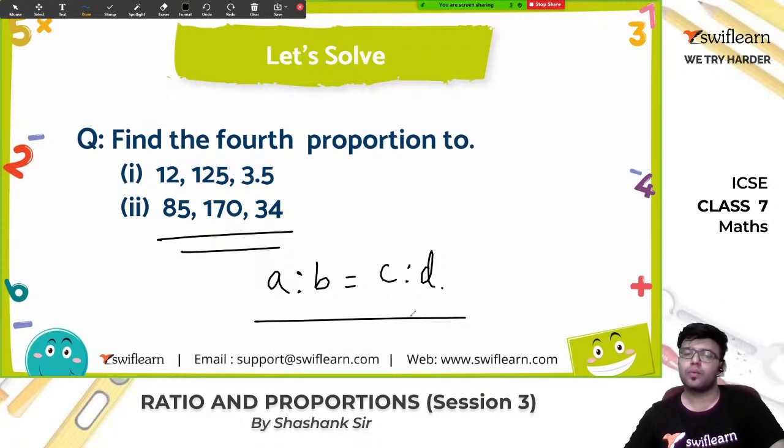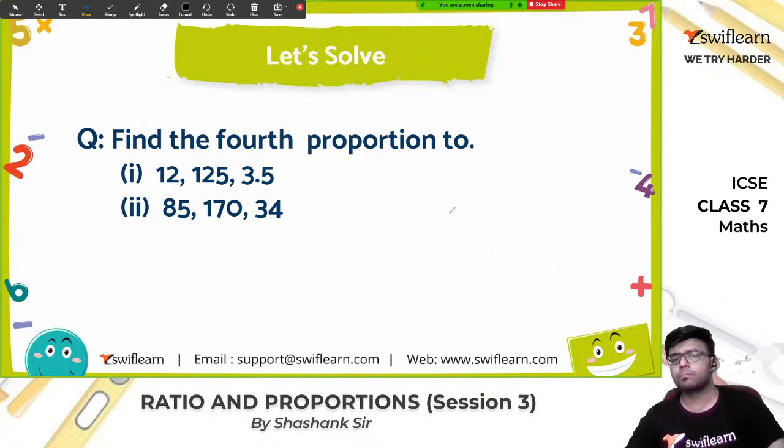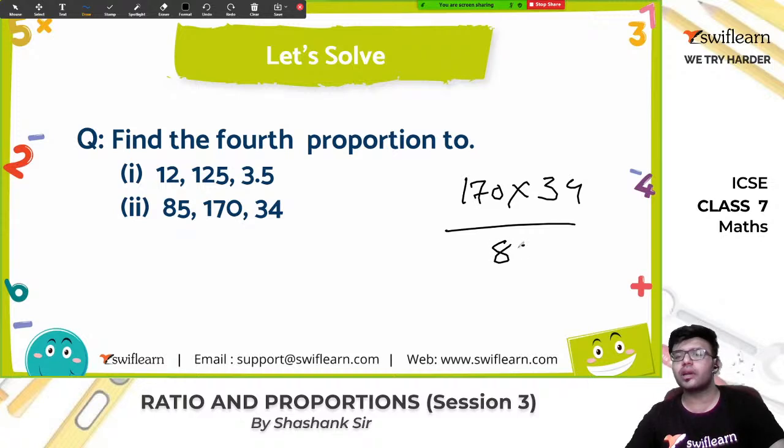So yes, A by B is equal to C by D. So D value is B times C by A. So B is 170 times C is 34 divided by A is 85. The fourth proportion or D value is this. So simplify this and tell me the answer.